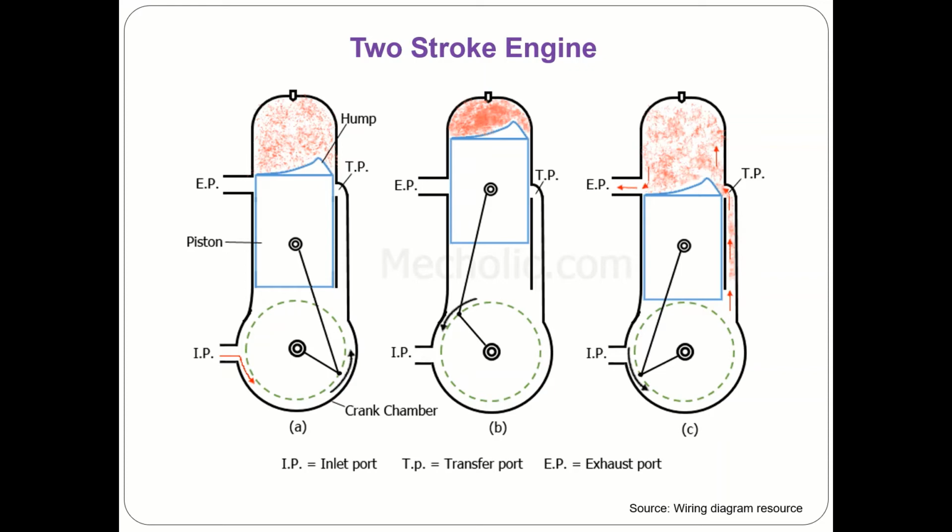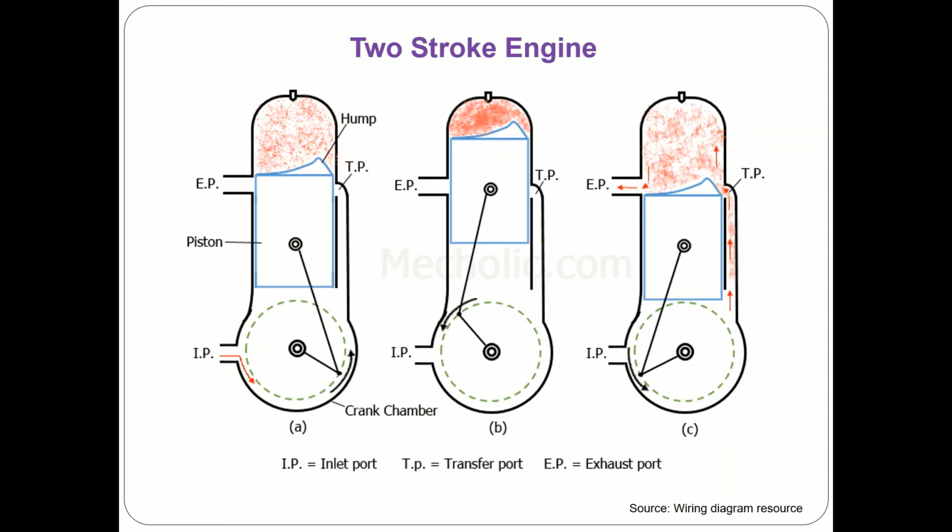Now, in comparison with the 4-stroke engine, where you have 4 individual strokes, there you require 4 strokes of the piston and 2 revolutions of the crankshaft in order to complete the cycle. There we get only 1 power stroke.